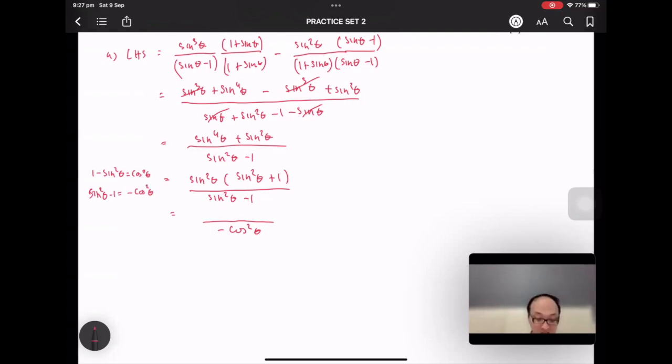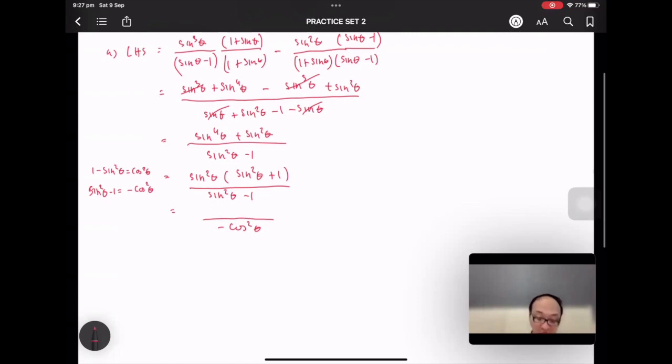So sine square theta minus 1 equals minus cos square theta. So I can make it into negative tangent square theta times sine square theta plus 1, which equals the right hand side.